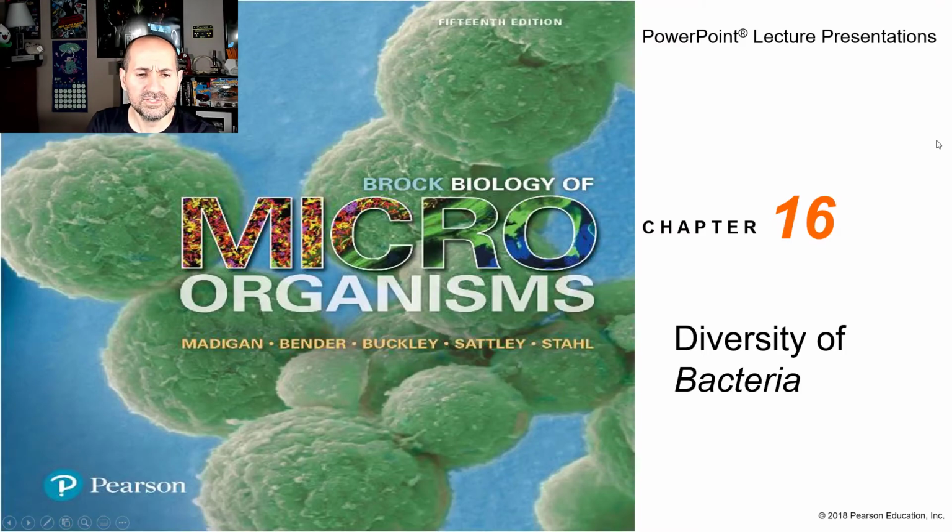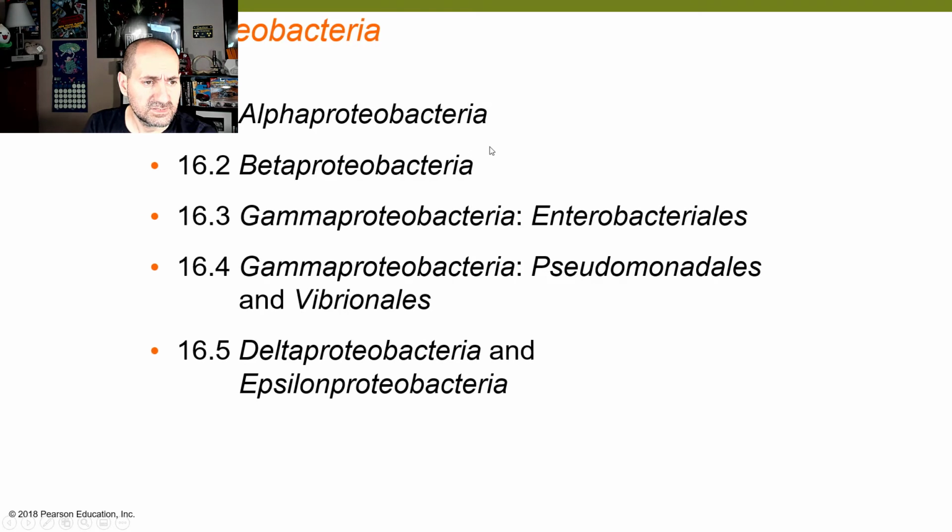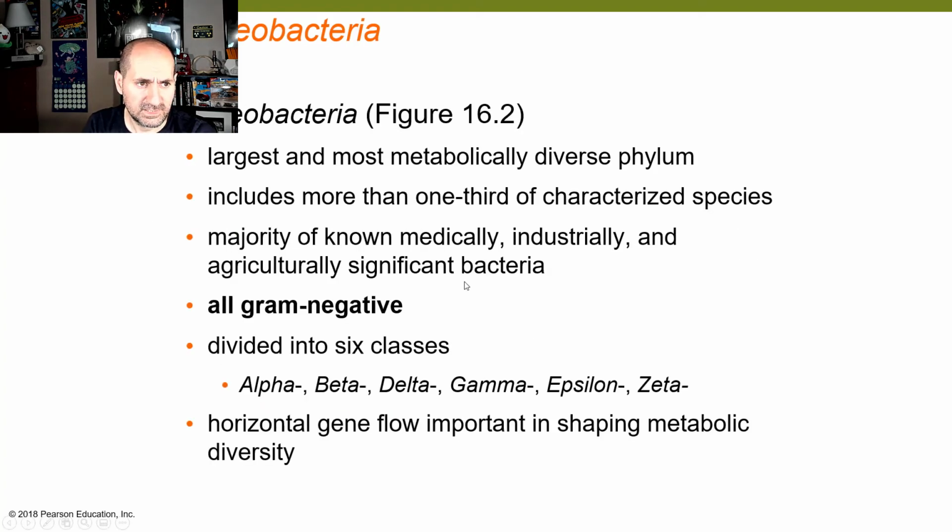All right, let's continue on with chapter 16, looking at diversity of bacteria. Here we're looking at different phyla of bacteria, and we're starting with the phylum Proteobacteria, and there are several classes of Proteobacteria: the alpha, beta, gamma, and delta and epsilon Proteobacteria.